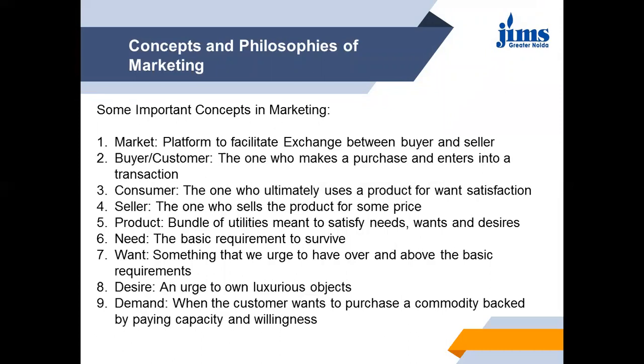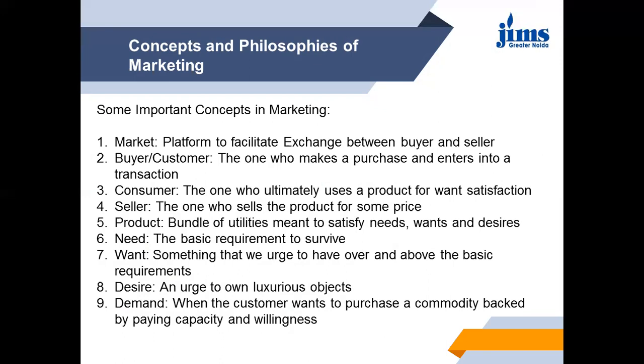That means if I'm ordering something with the help of my mobile phone through Amazon, Flipkart, or any other website like that, that website is also a platform for me to buy something from the seller who is available on that platform. So I may not necessarily go physically to a marketplace to enter into an exchange transaction with the seller. So market therefore is a generic or a general platform that facilitates exchange between these two parties.